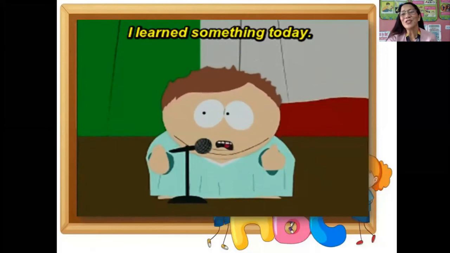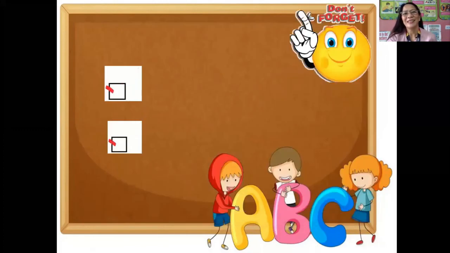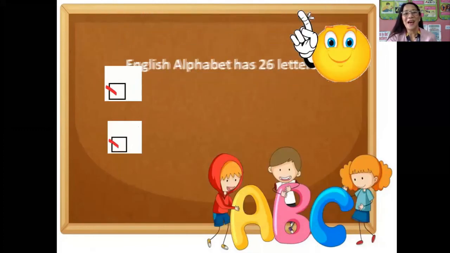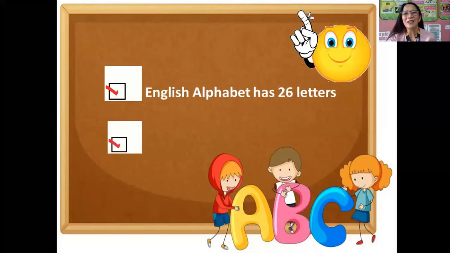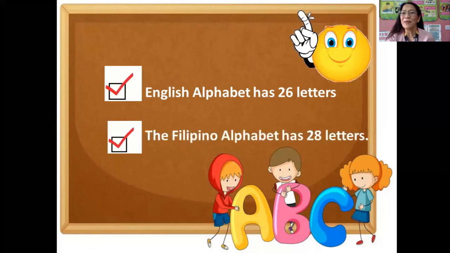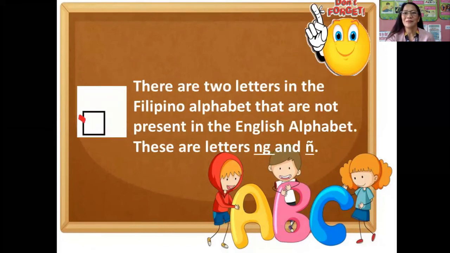What have you learned today? That the English alphabet has 26 letters. The Filipino alphabet has 28 letters. That there are 2 letters in the Filipino alphabet that are not present in the English alphabet.